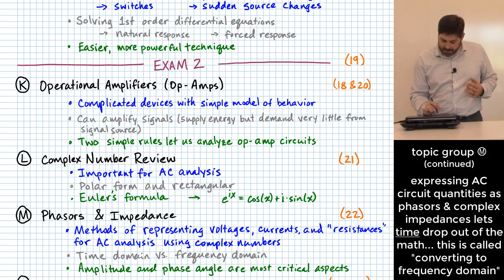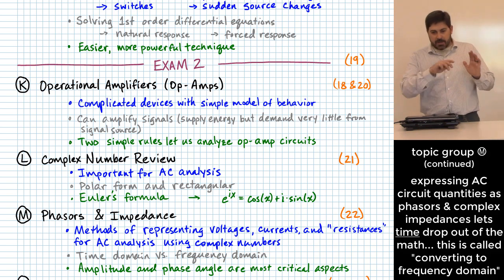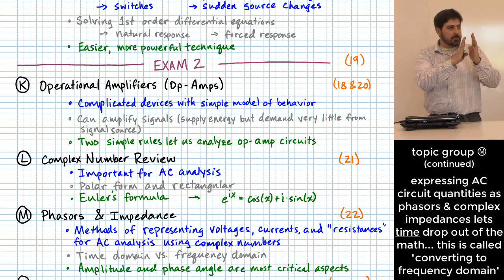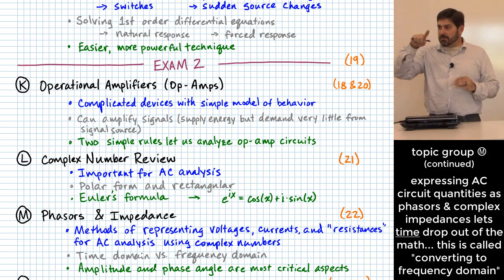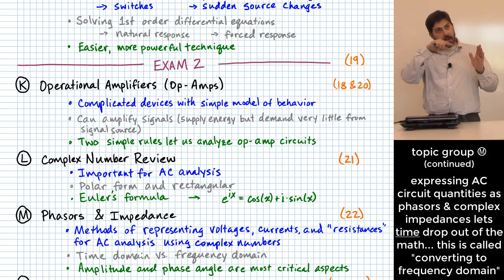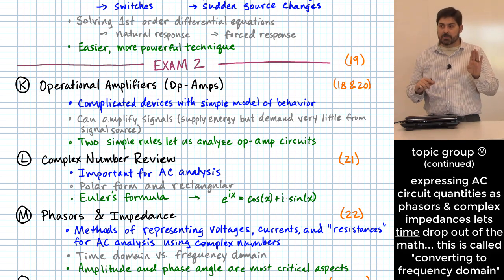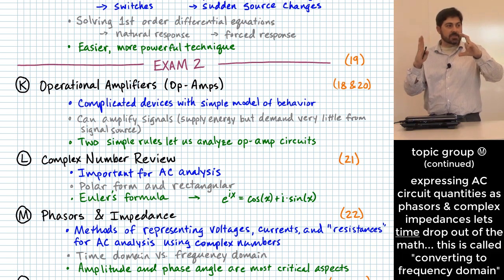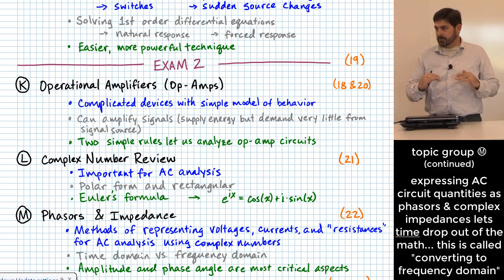I'll mention this right now: when you try to describe the full shape of a wave, it's important that you have time built into that math, right? Once we get to where we start describing a wave, instead of with the full-on shape of the wave, only in terms of amplitude and phase angle, we no longer have to have time included in the mathematical representation of that, right? If all we're dealing with is just amplitude and phase angle, time drops out.